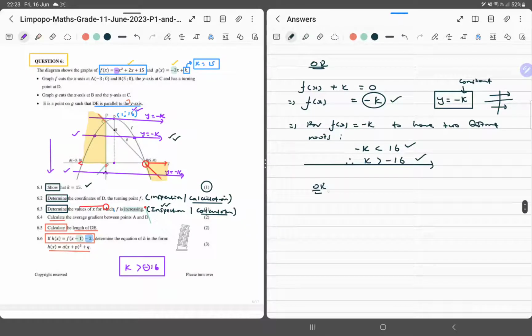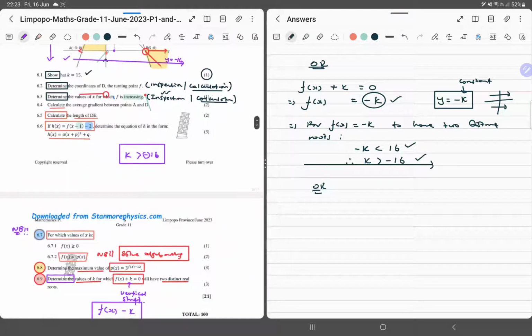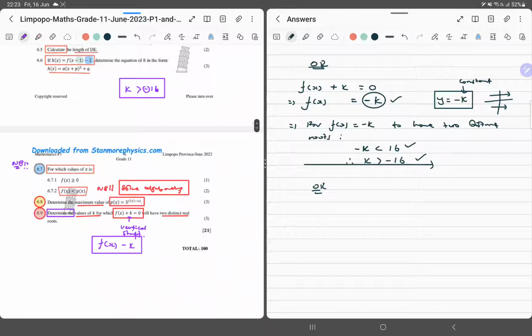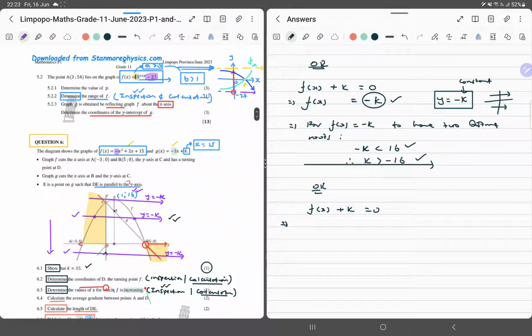For the last portion, I'm trying to arm you guys with as much power as possible. So the other thing you can think about, you can say now f of x plus k equal to 0 implies, now our f of x, we can take it the way we were given. So this is minus x squared plus 2x plus 15, plus k, equal to 0.